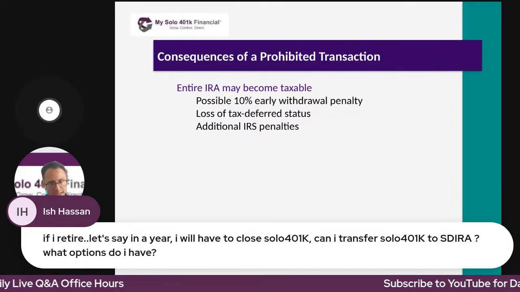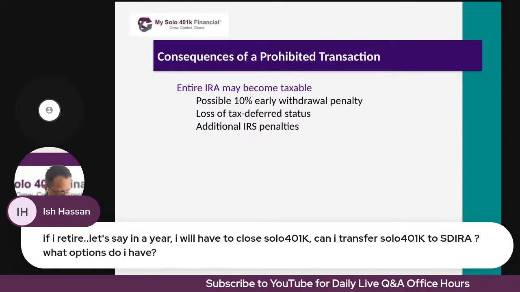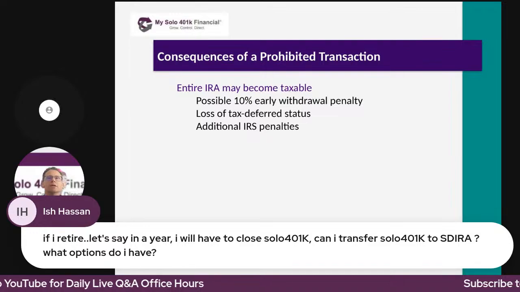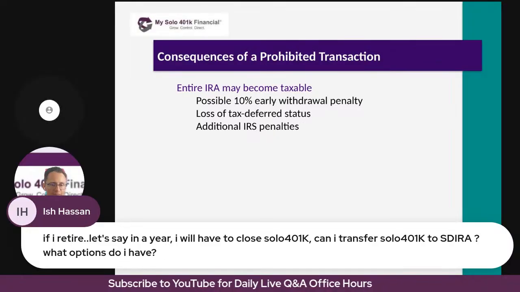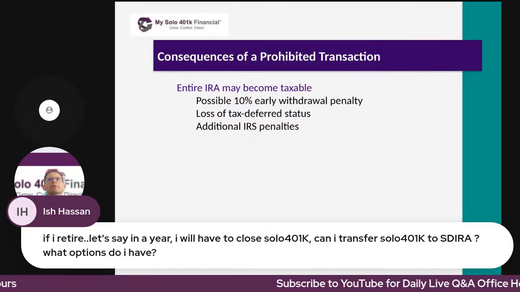And once they stop being self-employed, where their business closes, they can no longer continue with the solo 401k plan because you must have a business to sponsor any type of 401k. So if your self-directed solo 401k owns real estate, then you do not have to sell that property. You can actually transfer that property in kind to a self-directed IRA.